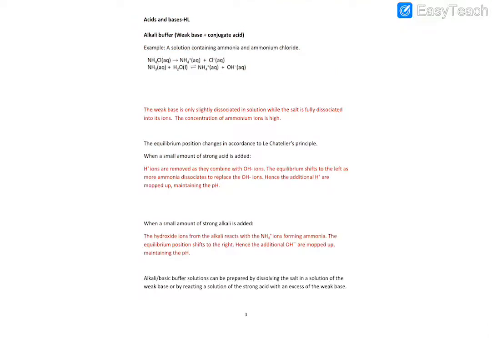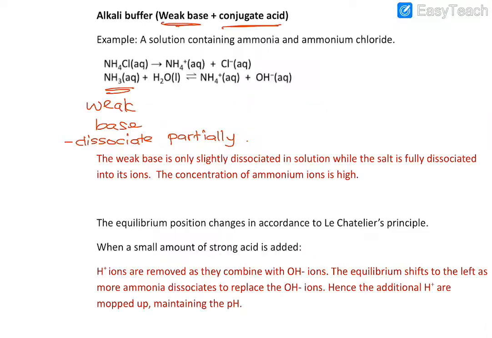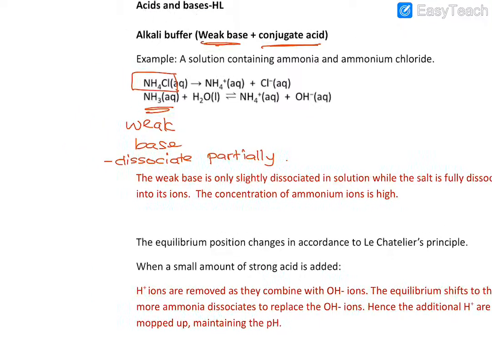Now the other kind of buffer that we have is an alkali buffer. Here you have a weak base and the conjugate acid of that base. Let's say the weak base ammonia, which will dissociate partially, and the conjugate acid of ammonia, NH4Cl.